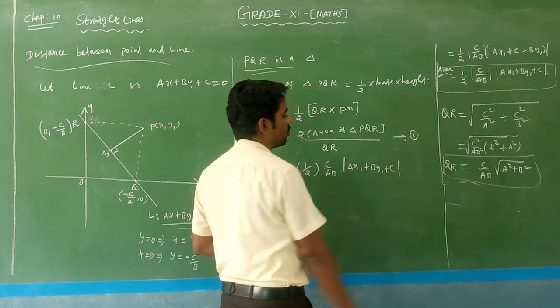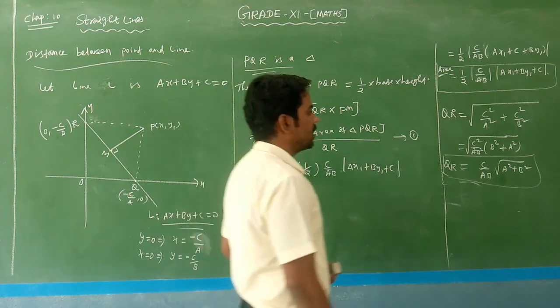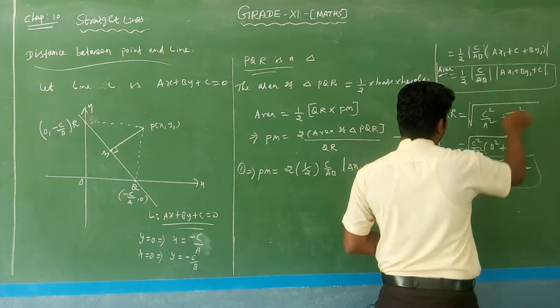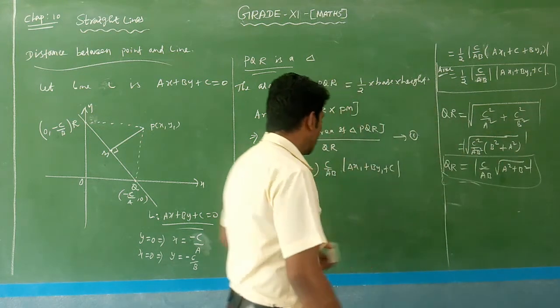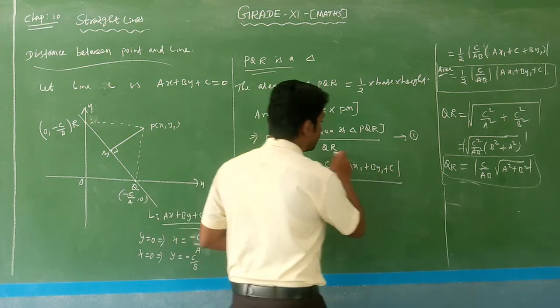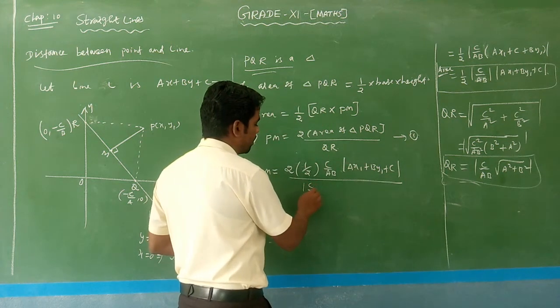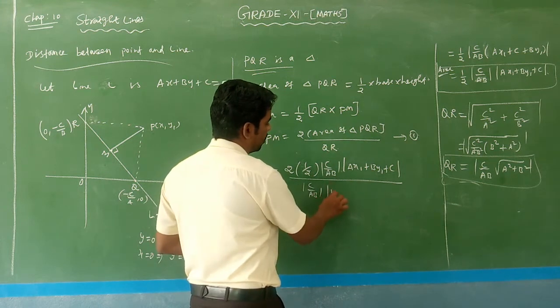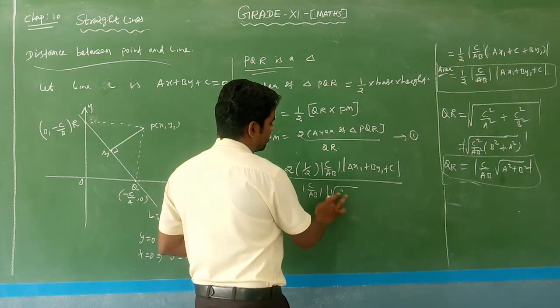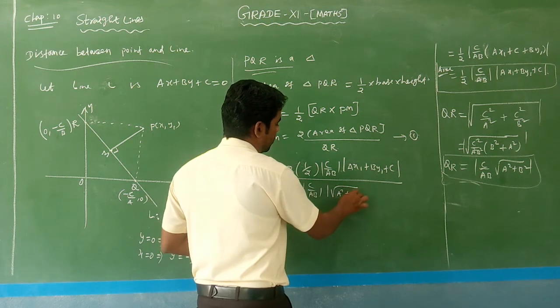Here distance is positive, so modulus. And divided by QR, whose value is modulus of c by ab into modulus of root of a square plus b square.